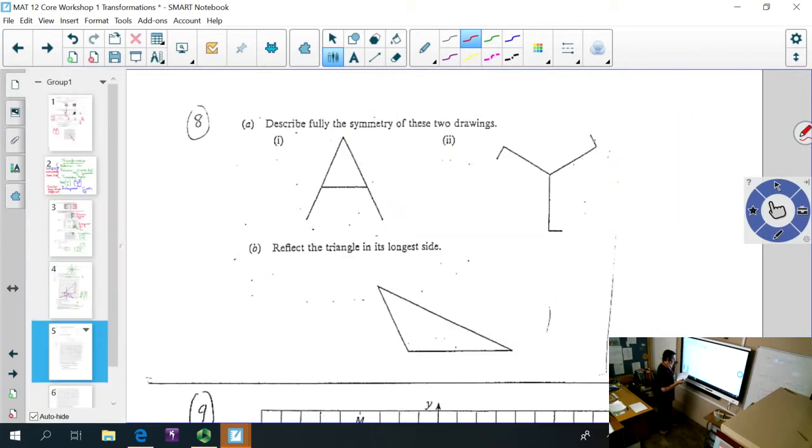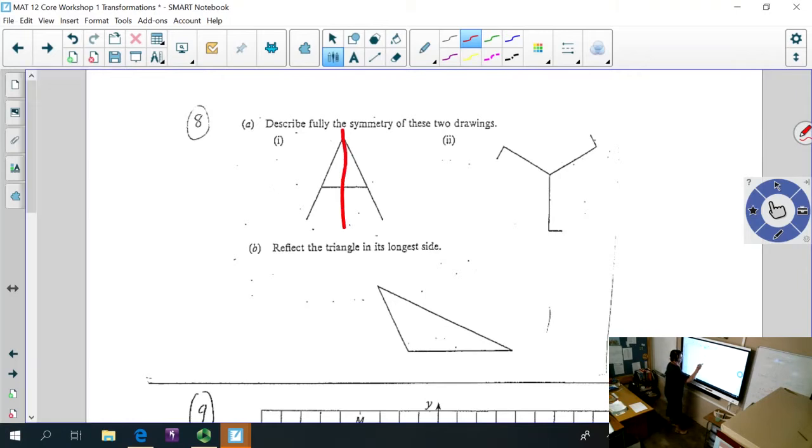Right. Next page. Describe fully the symmetry of these two triangles. So that means lines of symmetry and order of rotational symmetry. Now, this one has 1 line of symmetry there in the middle, and the order is 1. You can only turn this one once.